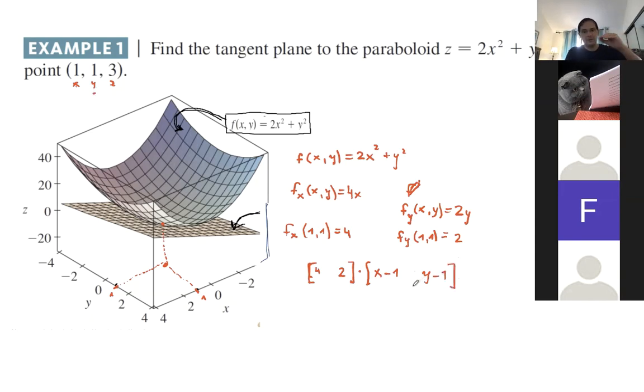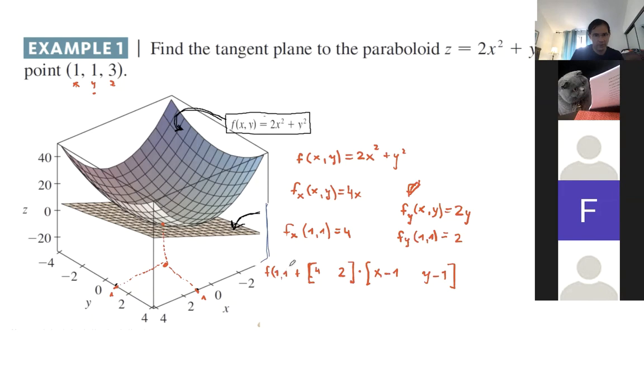Okay, and last thing to do, see, this is exactly the plane. But what I have to do is I have to shift this plane to this point of interest. So I have to add to this f of 1, 1.